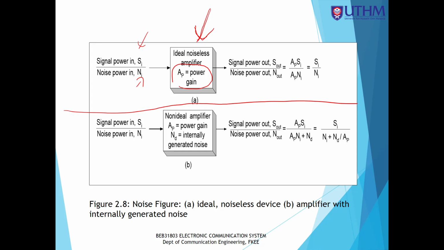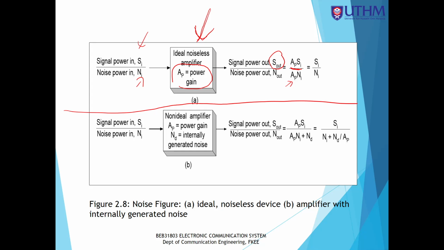So in that case, the output SO bersamaan dengan AP darabkan dengan SI, input signal power darabkan dengan gain. Manakala for the noise, remember amplifier dia bukan hanya amplify signal, dia juga akan amplify noise bersama-sama sekali.